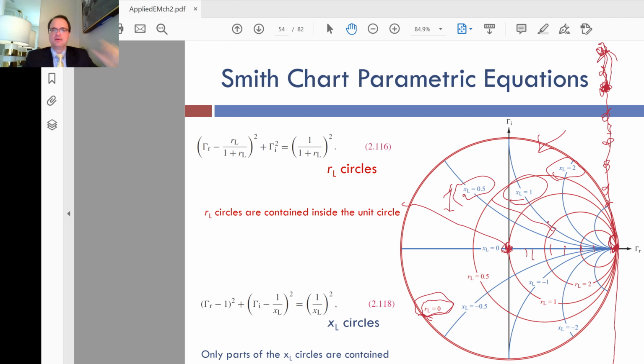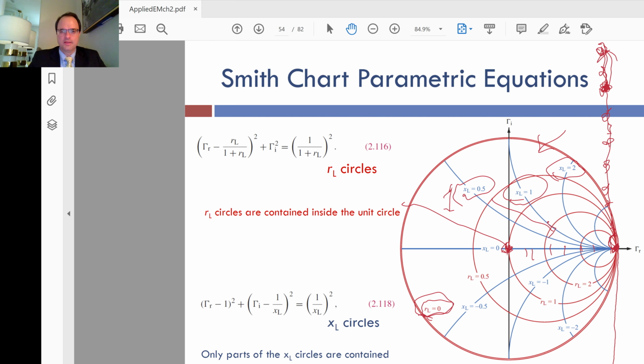Okay, so we have two families of curves. Curves that represent RL values and curves that represent XL values. Remember again what those are. RL is the normalized resistance of the load, and XL is the normalized reactance of the load.